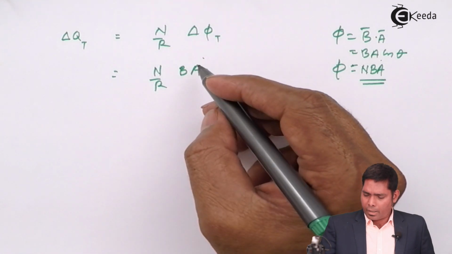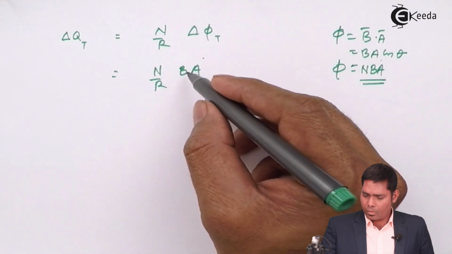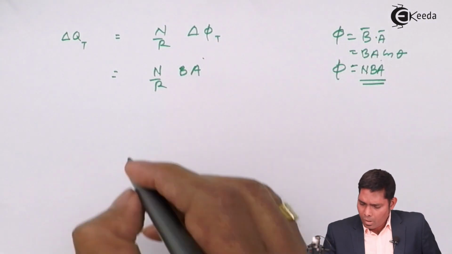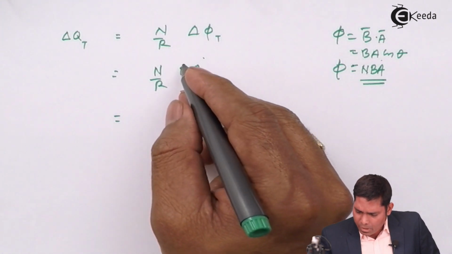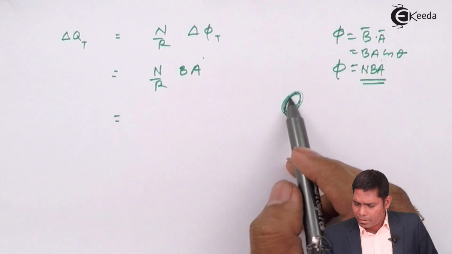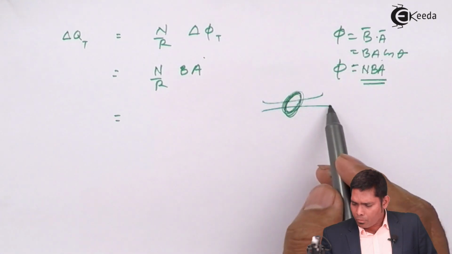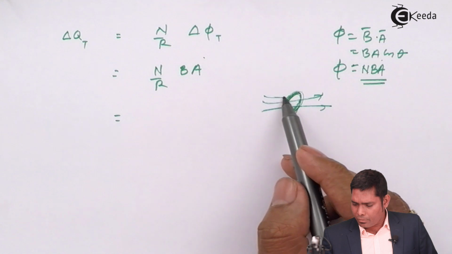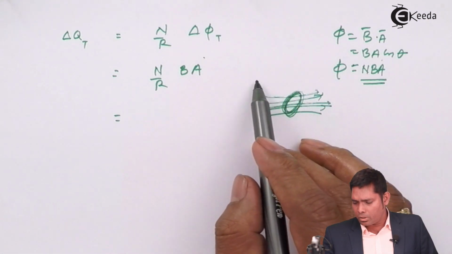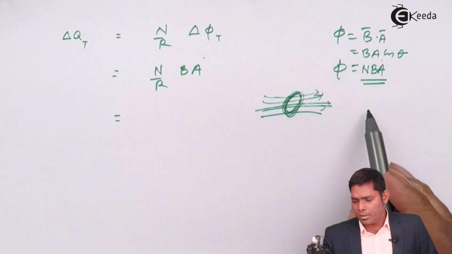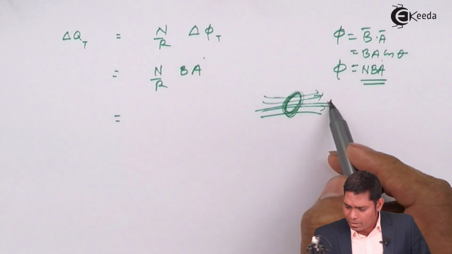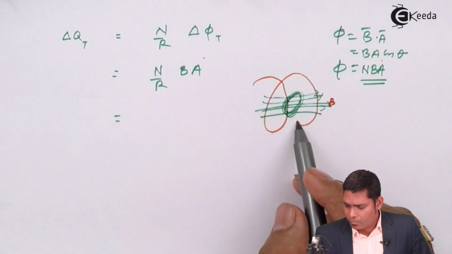So this is NBA upon R. Now I will have to write what B is, what is the magnetic field that is passing through, because the flux is because of the magnetic field existing in the coil, and that is because of a solenoid. So this coil is subjected to the magnetic field produced by the solenoid.